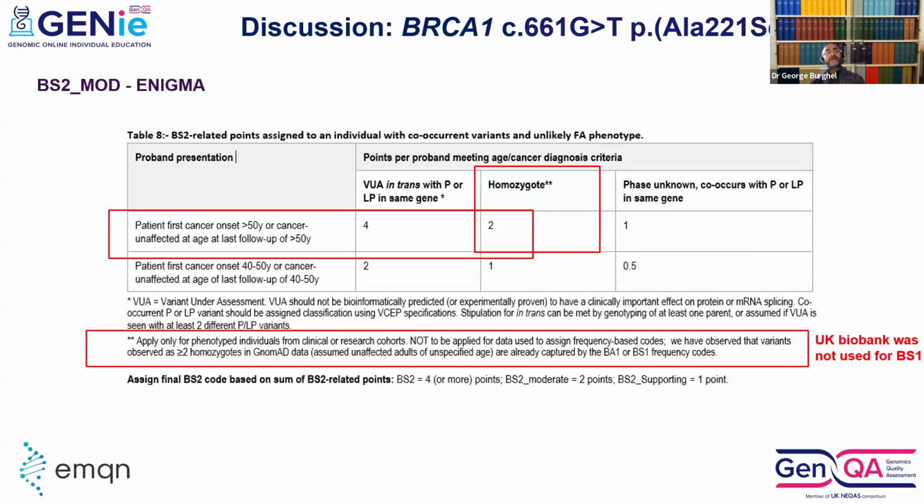But in this case, I have checked with the data from UK Biobank, and this case does not have any cancer. So you have to do a little bit more work to reach this decision, but we feel it does fit within the guidance to still use BS2 moderate.